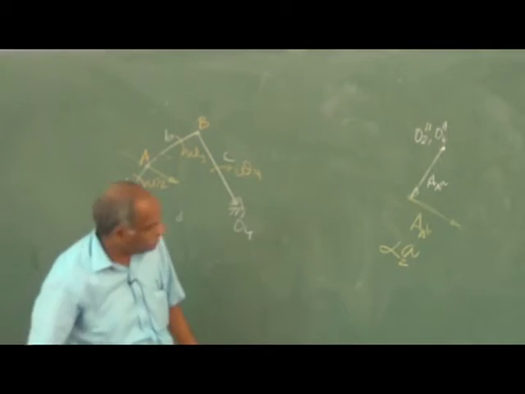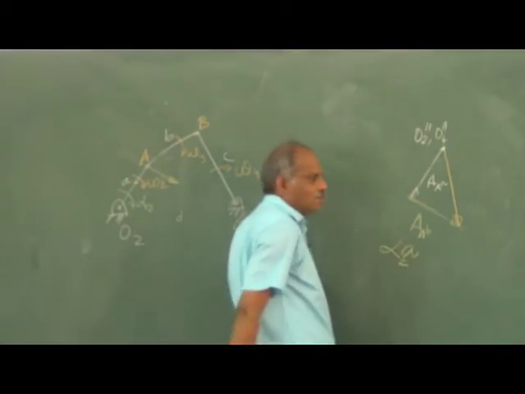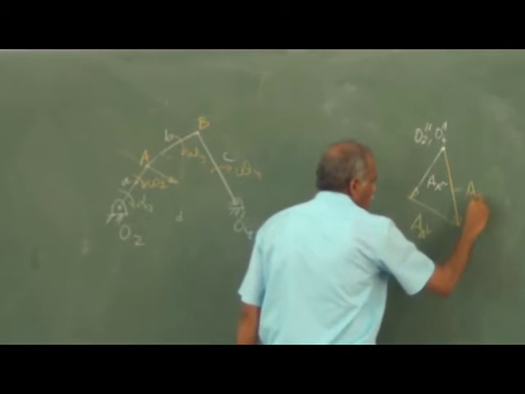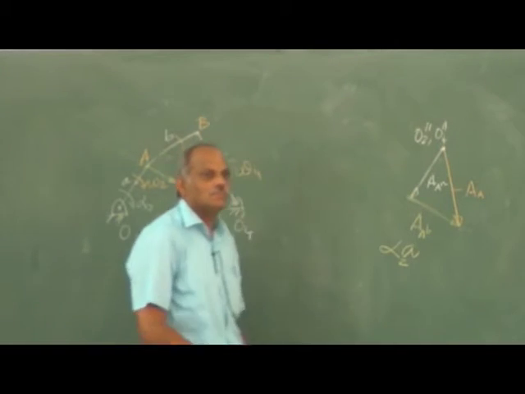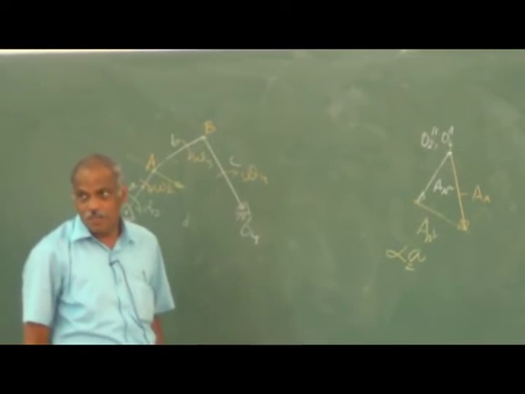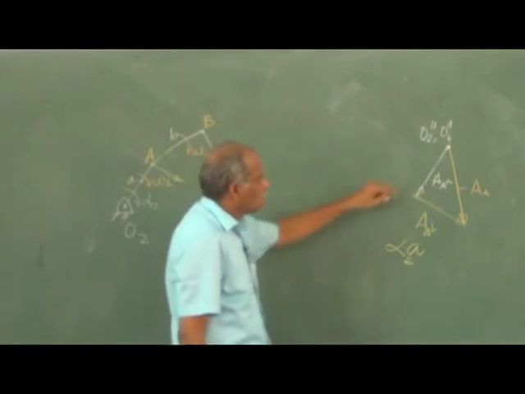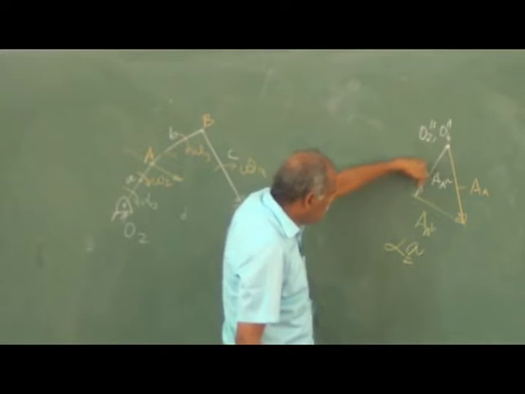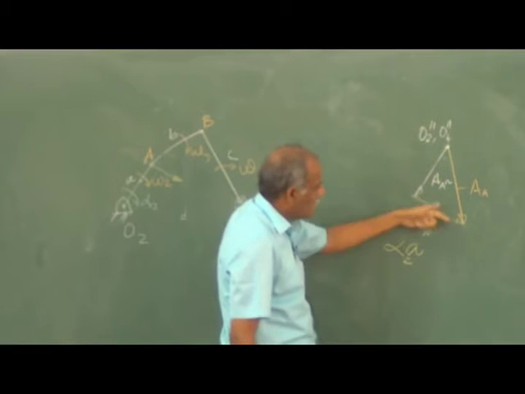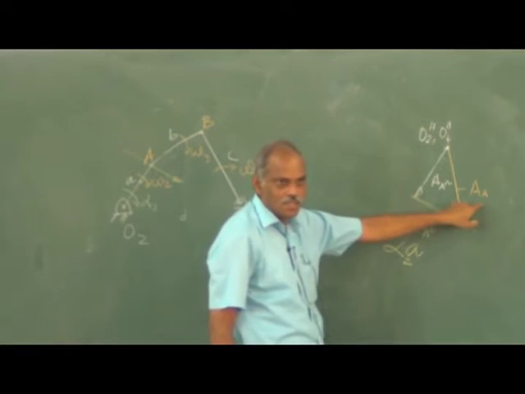If I connect, this is my acceleration of A. Please understand, this is a little more complex than your velocity analysis. This is the acceleration of A normal component. This is the tangential component. The vector sum of the normal component and tangential component is acceleration of A.